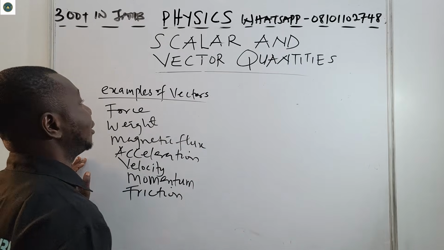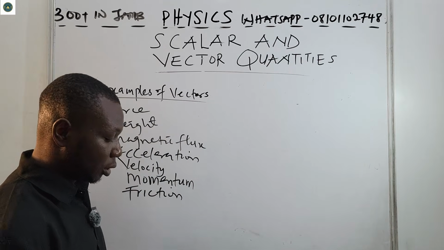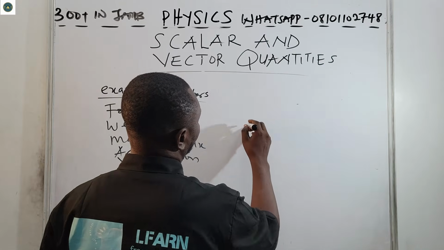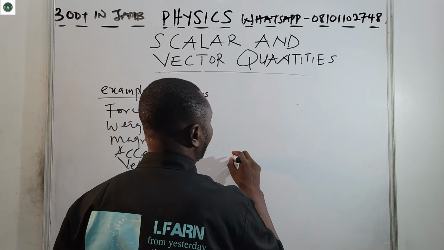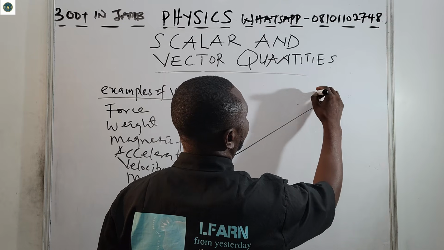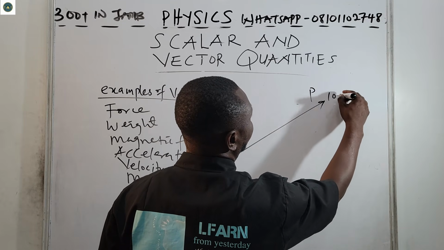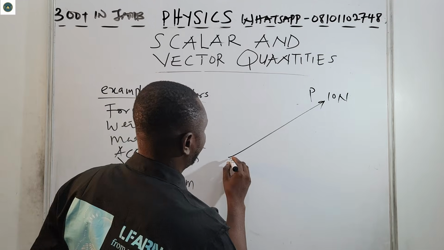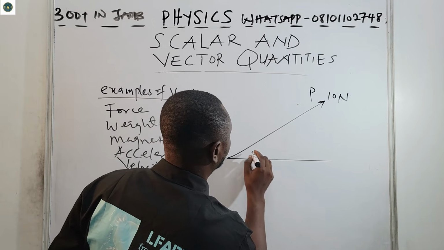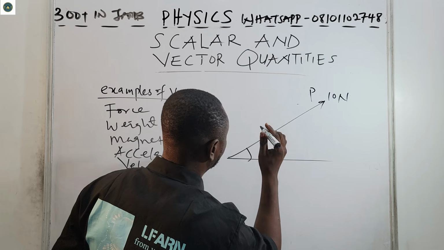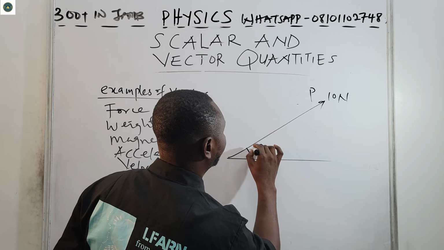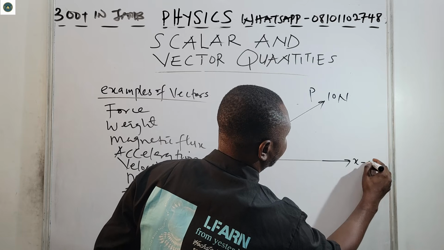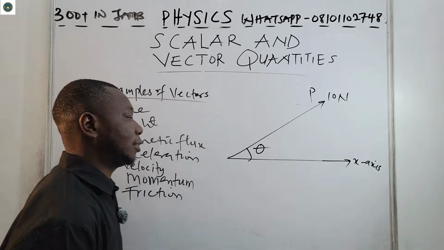So vector quantities have magnitude and direction. For example, let's say this is point P and I have a force of 10 Newton acting at an angle theta to the x axis.